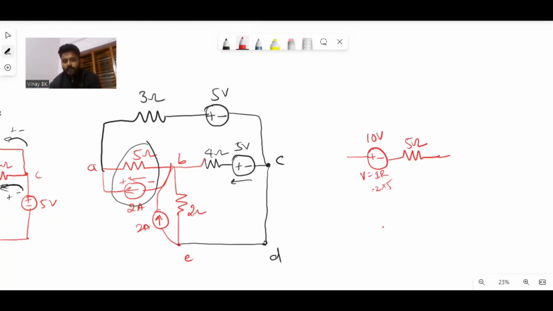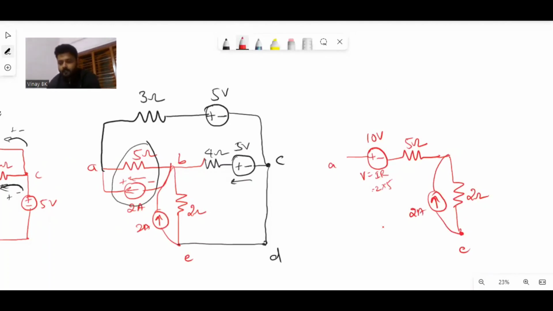I will write this B branch, this is A, as it is, 2 ohm resistor, and there is a current source with an upper arrow mark at E, 2 amperes.